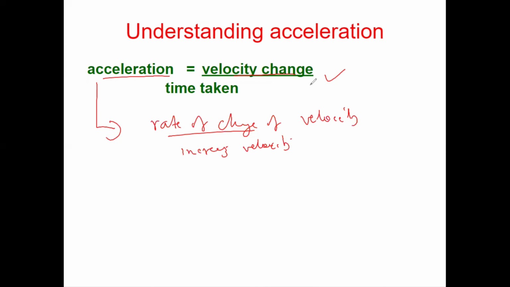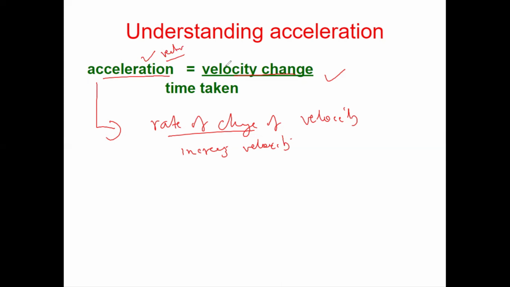Because there's a topic we're going to cover, which is called scalars and vectors. We'll learn that acceleration is a vector quantity, and therefore is going to be defined in terms of a vector quantity. And why is it a vector quantity? It's because of its definition. The definition is in terms of velocity, and velocity is a vector quantity.